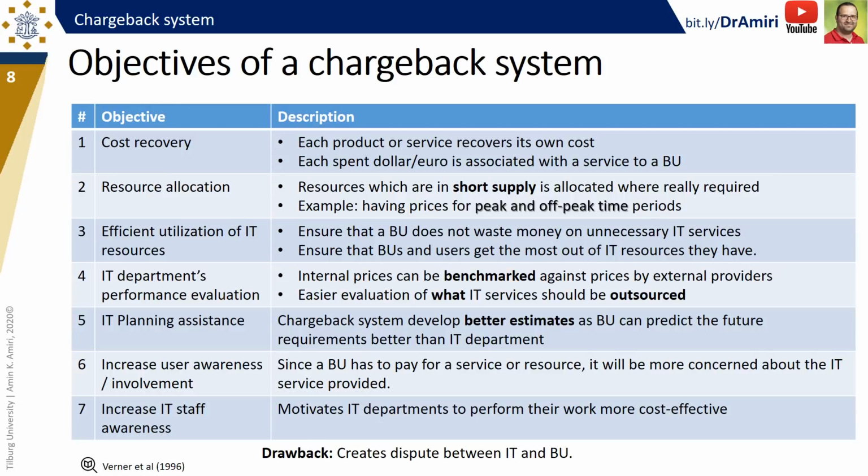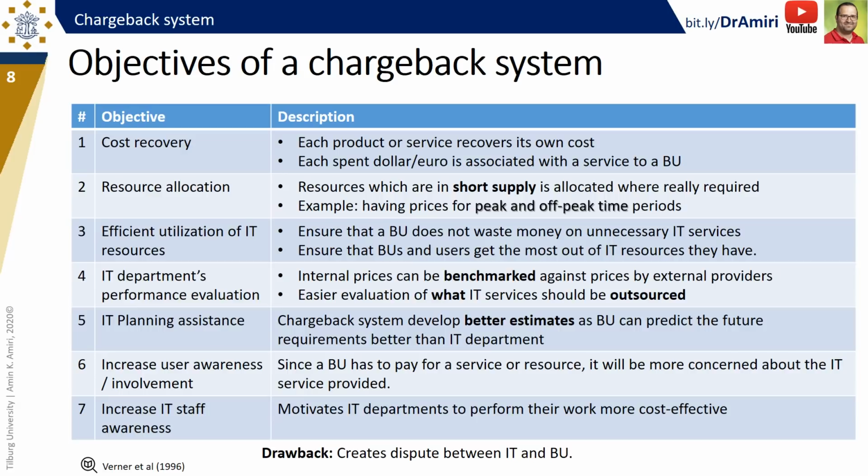So each product or service recovers its own cost, which means that each spent dollar or euro is associated with a service to a business unit. So if we bought a computer for 100 euros, we can associate that computer to a department at Tilburg University, for example, TISEM.